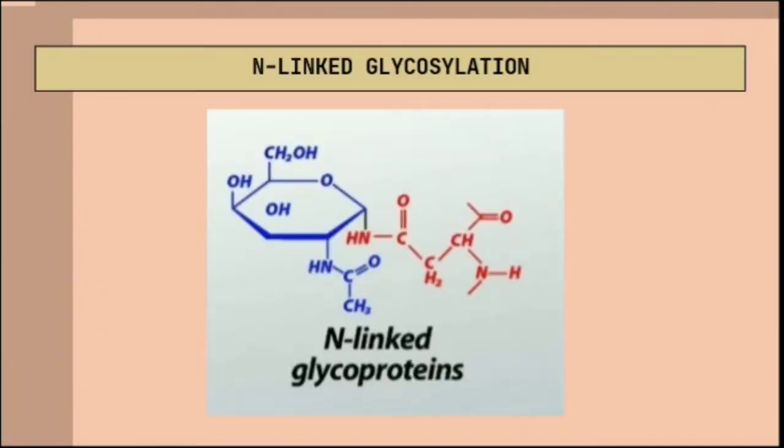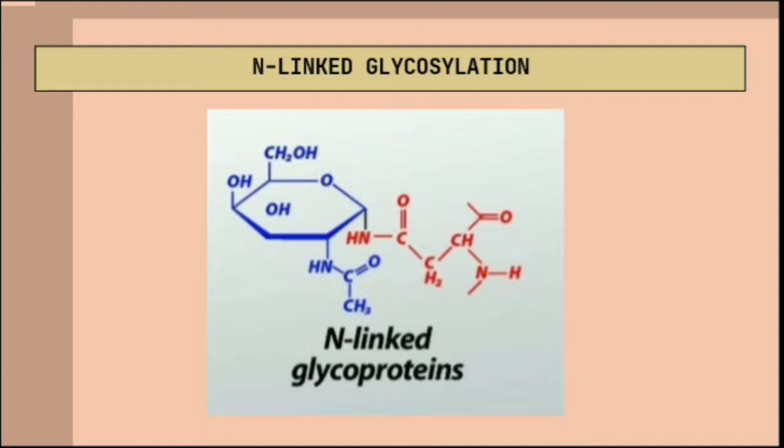N-linked glycosylation occurs in the endoplasmic reticulum, where N-linked sugars are produced. As you can see in the presentation, I have here a picture wherein the blue one signifies an oligosaccharide sugar molecule, and the red one signifies a nitrogen atom in the asparagine residue of a protein molecule.